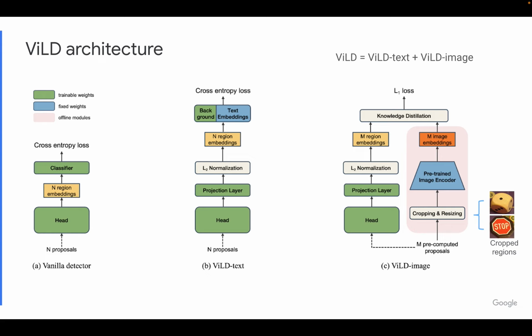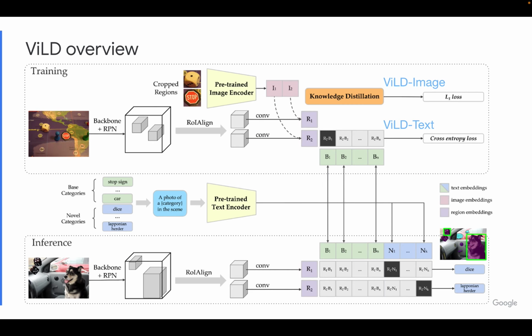WILD is the combination of WILD text and WILD image. We train the detector with these two learning objectives. Here is an overview for WILD. We apply the text prompts to all categories and feed them into the pre-trained text encoder. The text embeddings serve as the fixed classification layer during both training and inference time.